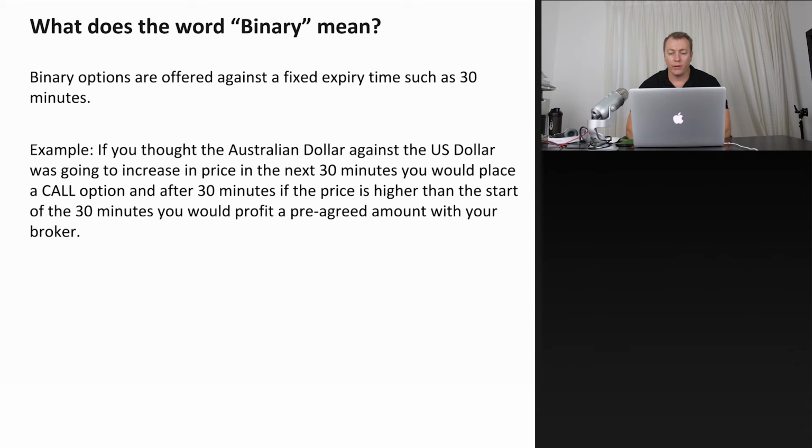If the pre-agreed amount was 75% of your trade investment, and your investment was $100, you would actually receive $175. Your original $100 is returned to you, and you also receive an additional $75 on top. And vice versa, if you lose the trade, you would lose the $100.